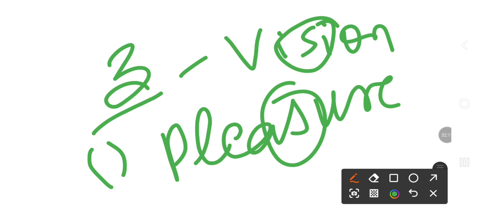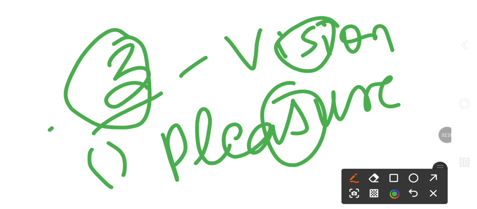Similarly, when you produce this sound, pleasure, your tongue is spread behind and makes a little whistling kind of sound and shape. Then this sound is produced. When we put a nukta and say j, it comes like a whistling sound. This is the example: vision and pleasure. So this j is produced.